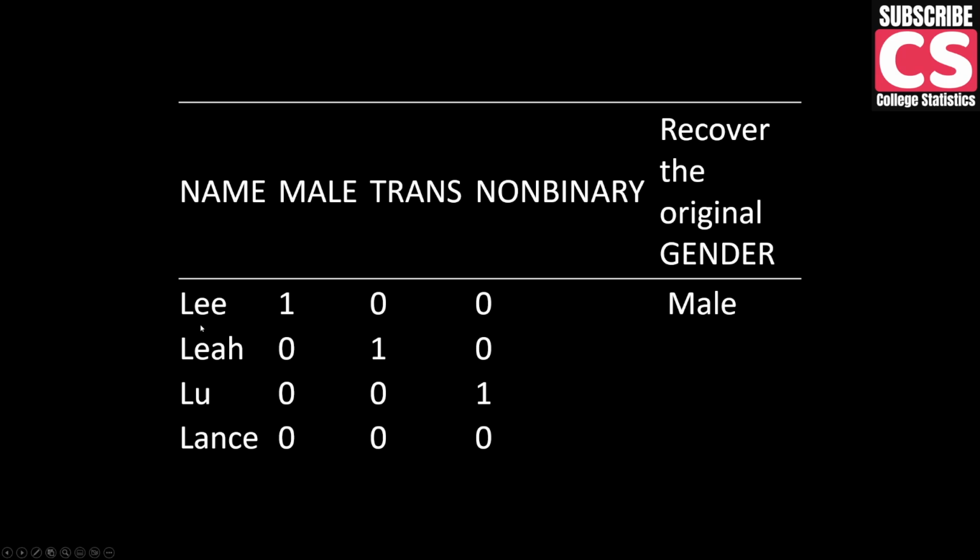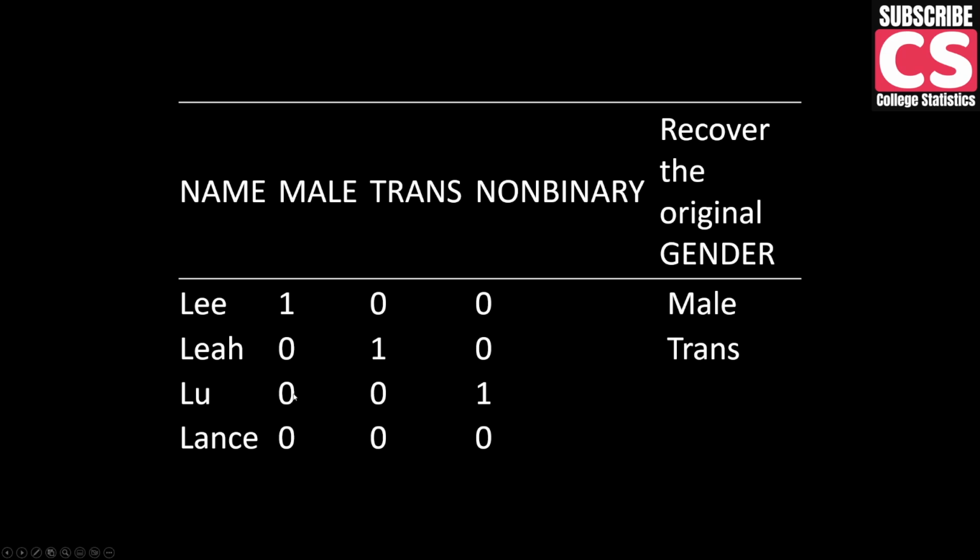So let's look at Leah. There is a no for male for Leah, so Leah is not male. There is a 1, which is a yes for trans, so Leah is transgender. Let's look at Lou.